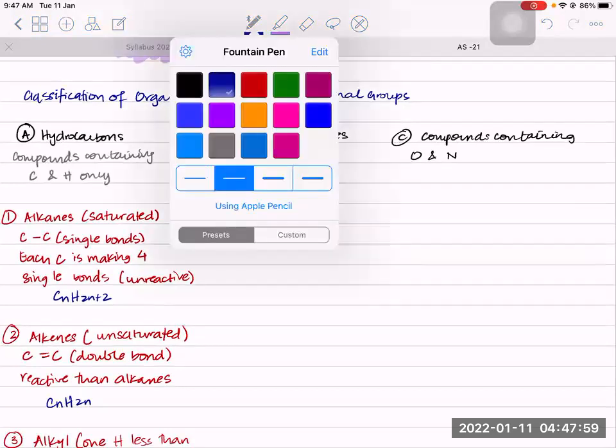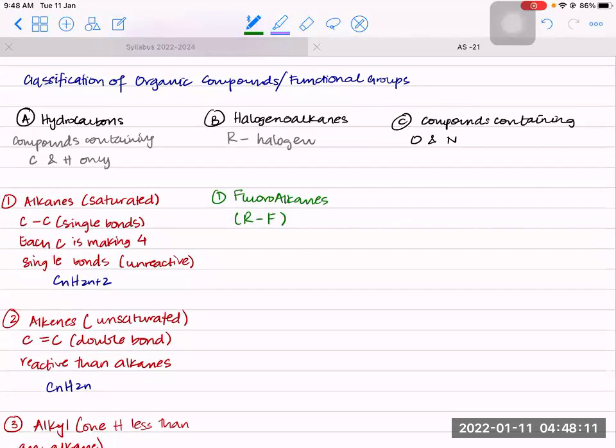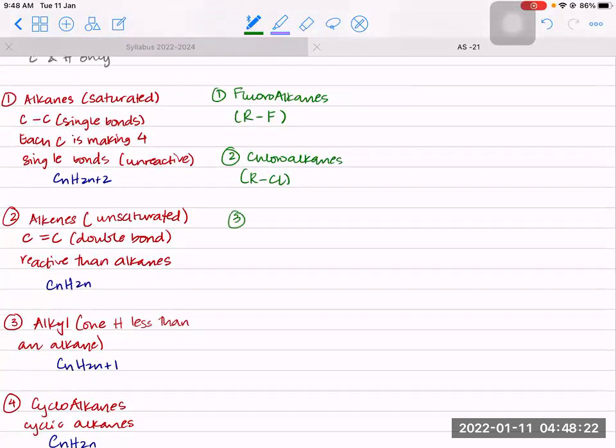Let's see the types. So you have fluoroalkanes, where you have R group attached to a fluorine. Then you have chloroalkanes, where you have the R group attached to Cl. Then you have bromoalkanes, where the R group is attached to Br.